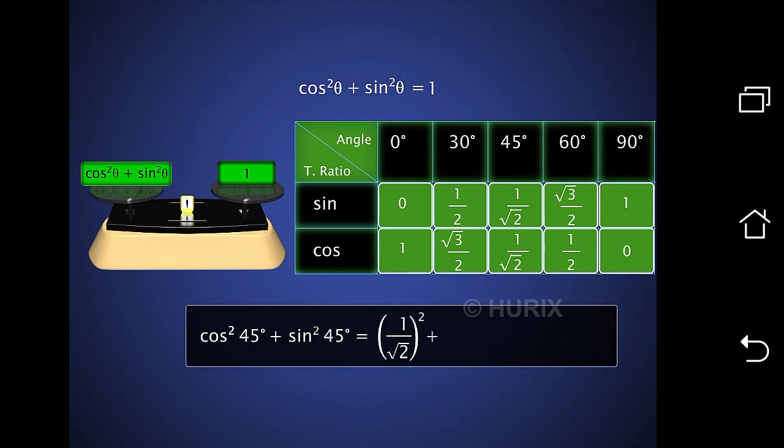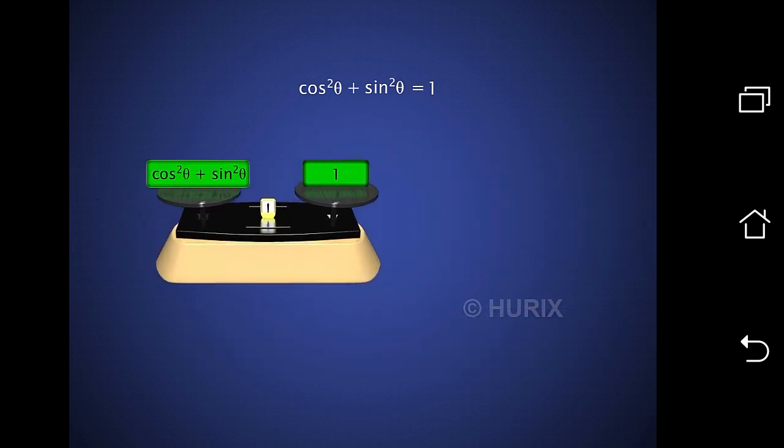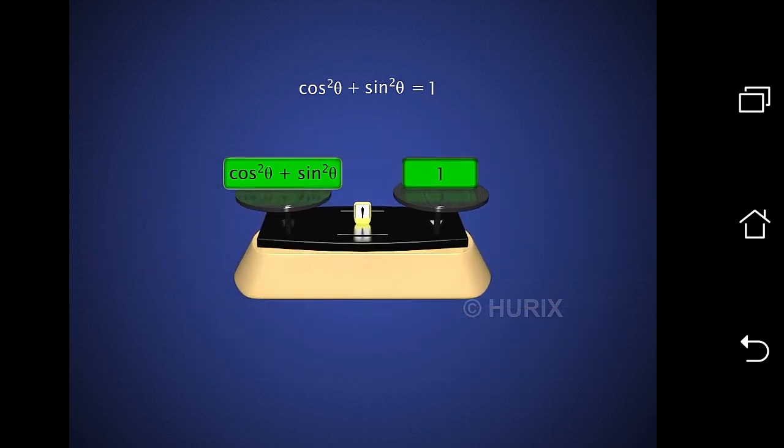Similarly, cos squared 45 plus sine squared 45 is equal to 1. And cos squared 60 plus sine squared 60 is equal to 1. So the identity cos squared theta plus sin squared theta equal to 1 is true for any angle.